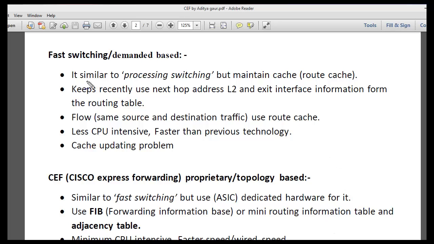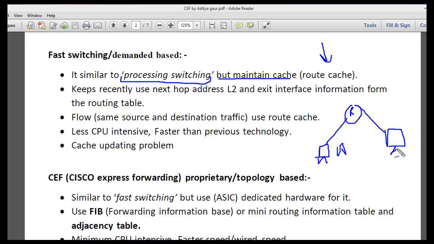Demand based switching was similar to process switching, but it maintained a cache, or I should say a route cache. A route cache is nothing special other than recently used information that your router keeps. What I mean to say is that in the previous example we have a router, computer A and computer B. Every time your router goes through finding the routing table, finding the next hop layer 2 address and some other tasks.